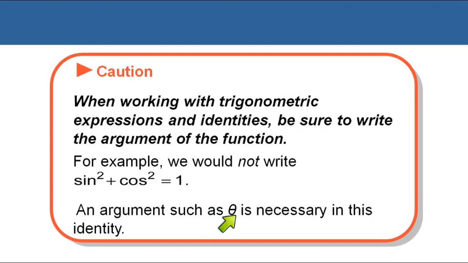So it needs to say sine squared theta plus cosine squared theta equals 1. It's very important to have the angle there, because later on we're going to have identities that contain more than one angle, and so you'll really need to specify which one you're talking about. But even if you're not, it's just good practice to put that angle there. Otherwise, somebody who's reading this doesn't know what angle you're trying to refer to.